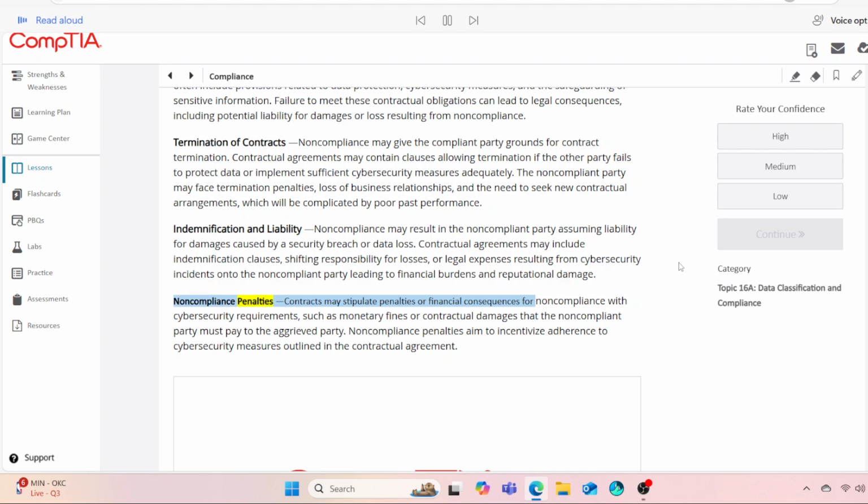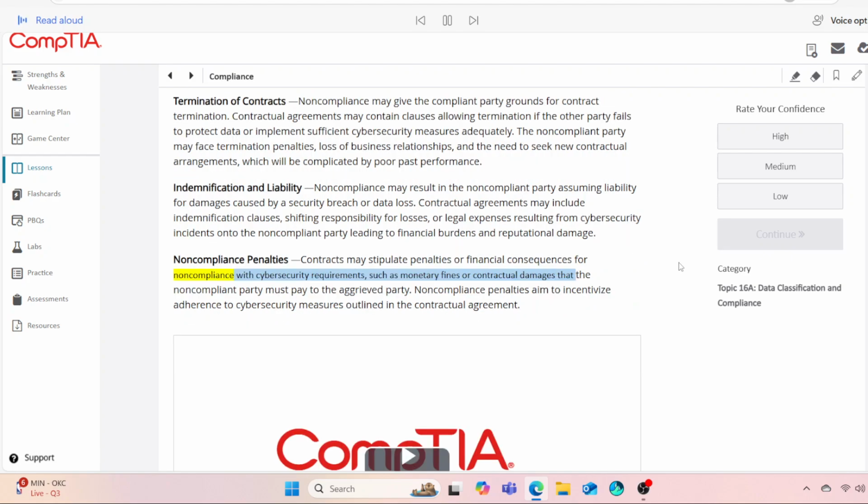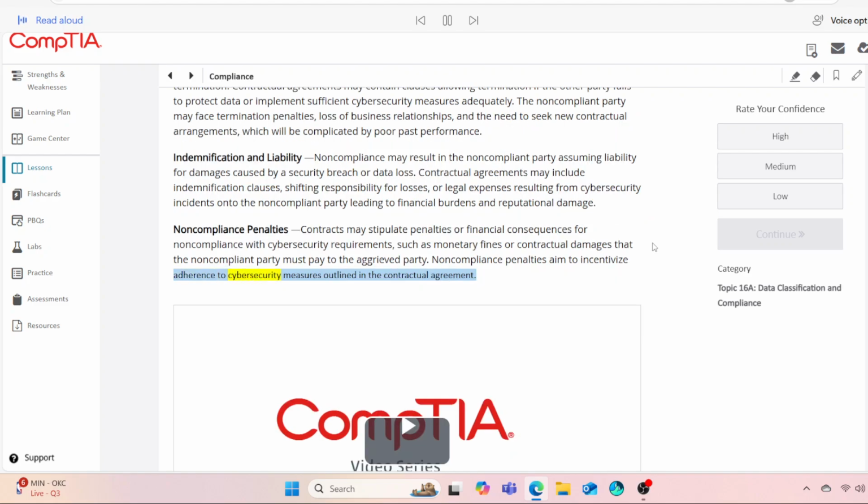Noncompliance penalties. Contracts may stipulate penalties or financial consequences for noncompliance with cybersecurity requirements, such as monetary fines or contractual damages that the noncompliant party must pay to the aggrieved party. Noncompliance penalties aim to incentivize adherence to cybersecurity measures outlined in the contractual agreement.